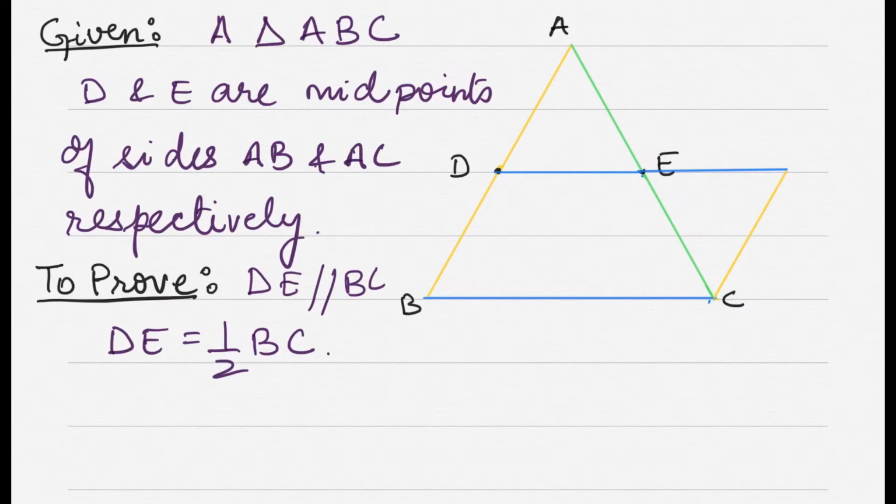Name this point as F. Now let's mark everything in this figure. So we know that this is parallel to this. By construction we have drawn it, correct? So these are parallel, and we know these are the midpoints. So my AD is equal to DB and AE is equal to EC.